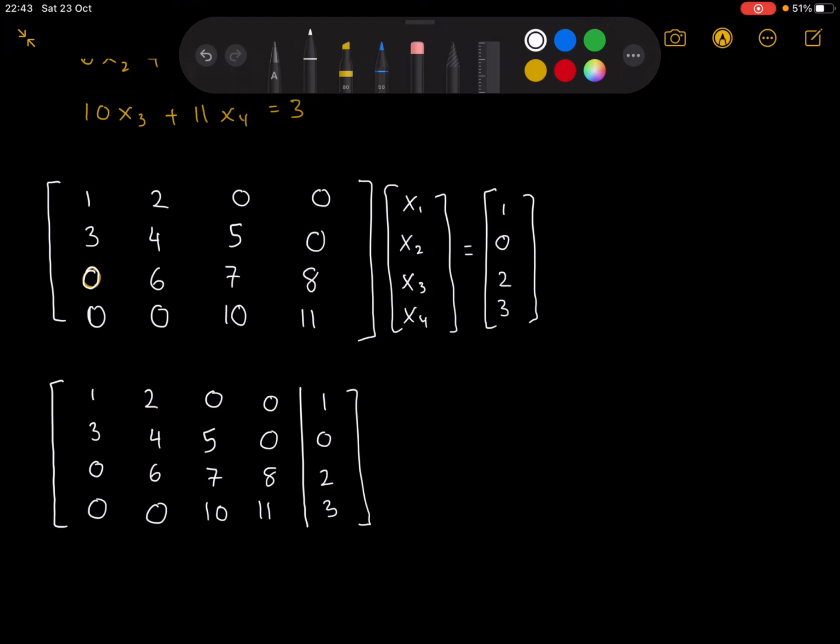So this is the complete matrix form, and this is the augmented matrix form.